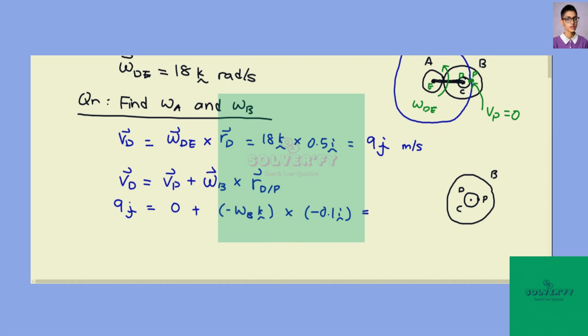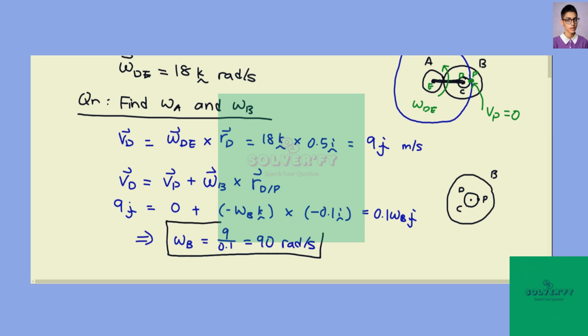So this is equal to 0.1 omega B j. We get omega B equals 9 divided by 0.1, which equals 90 radians per second. This is the answer for omega B.